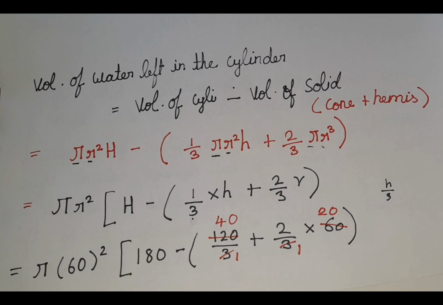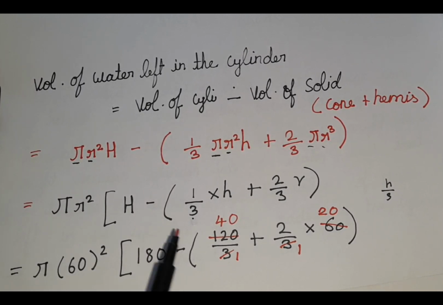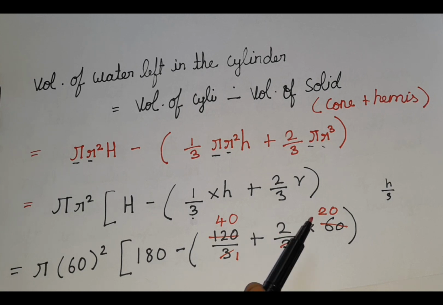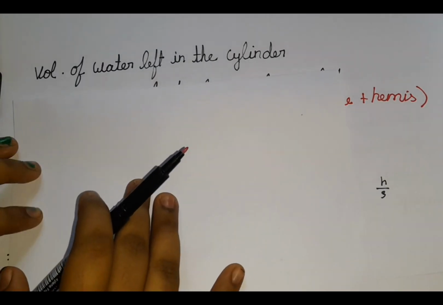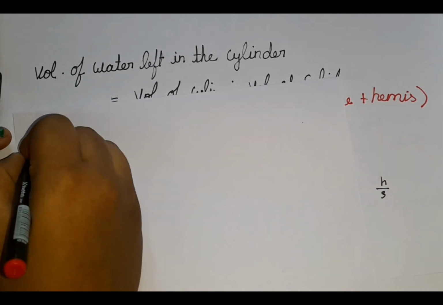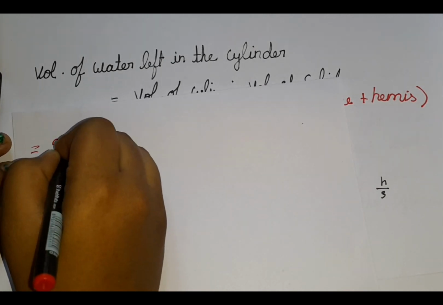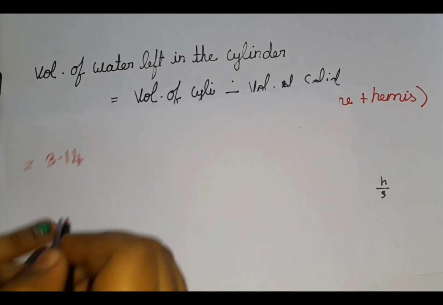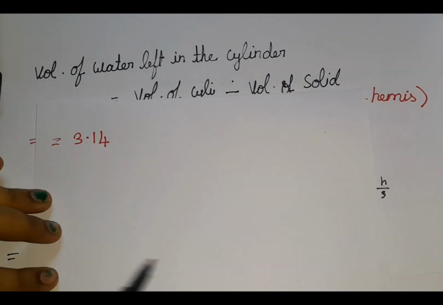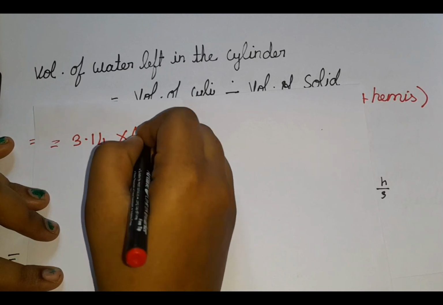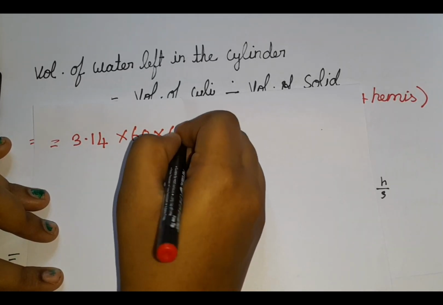Now here we have 40 plus 2 into 20. So now we can substitute the pi value and then solve it. 2 into 20 is 40. Let us substitute the pi value at first. The pi value is 3.14, am I right? And then we have 60 square, so 60 into 60.